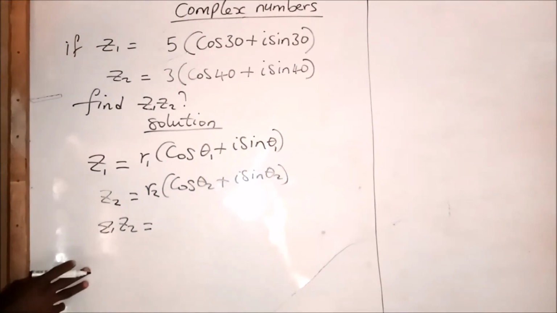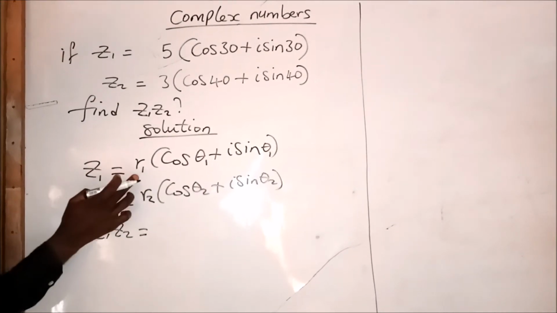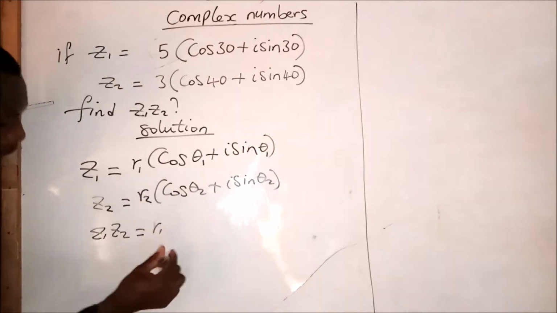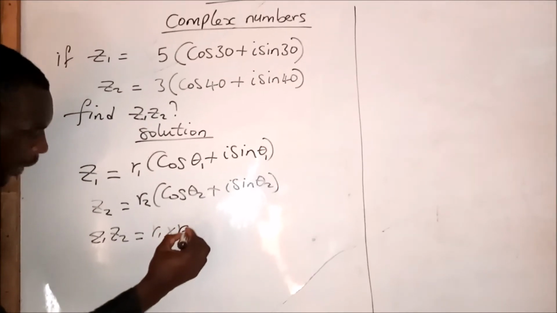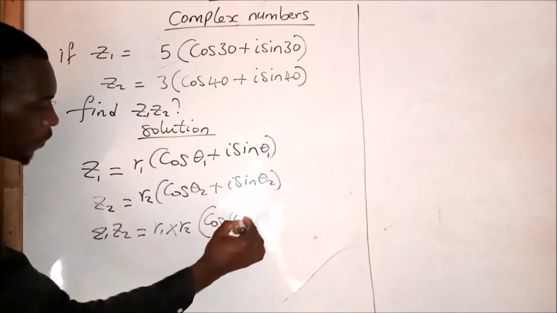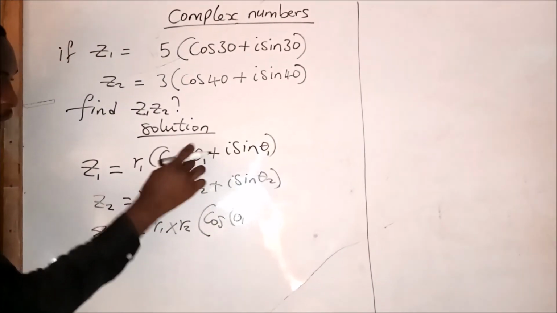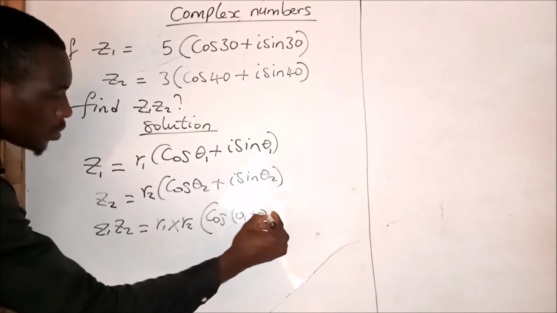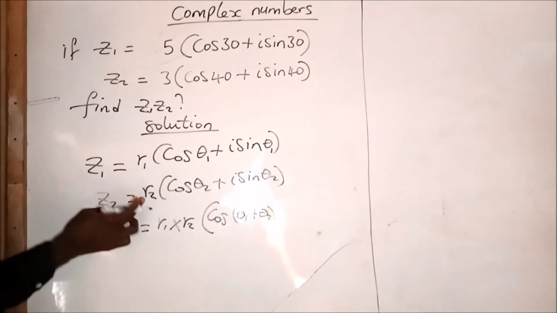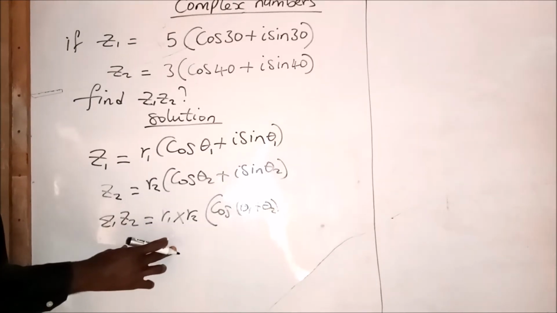And how we do it is like this. From the first complex number we get our r1, from the second complex number we get our r2, so we multiply r1 by r2. We have cos of theta 1 plus theta 2. So we multiply the modulus of the first and the second to give us the modulus of our product.